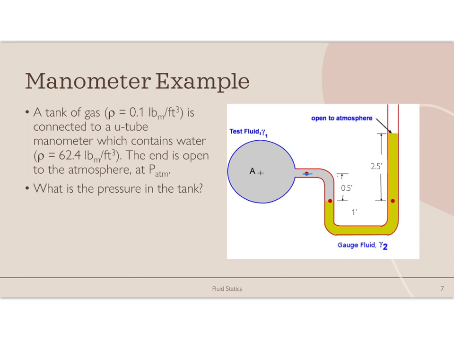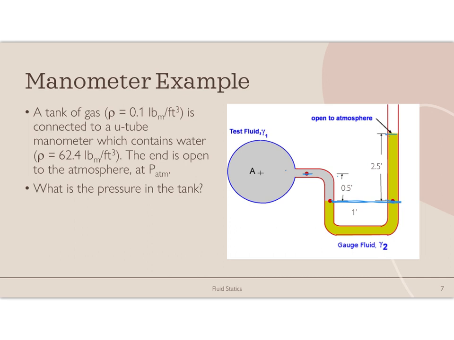On the right side, the water has been pushed up so that it is 2.5 feet above that 1 foot drop. So from here, this height is 2.5 feet to the open-to-the-atmosphere part, to the point that is in common on both sides. Okay. What we want to do is figure out the pressure in this.